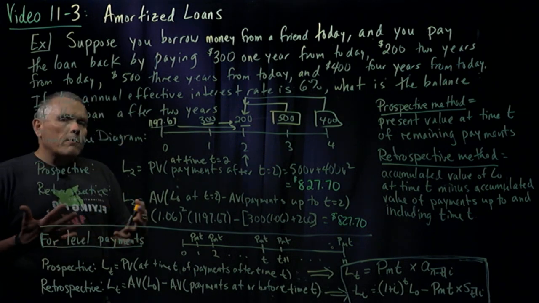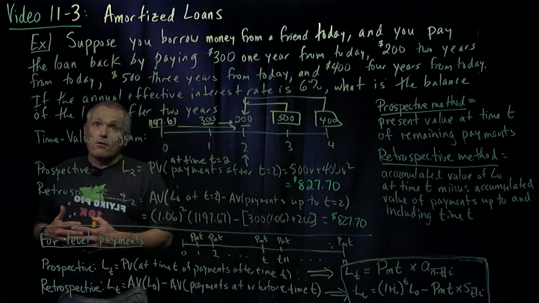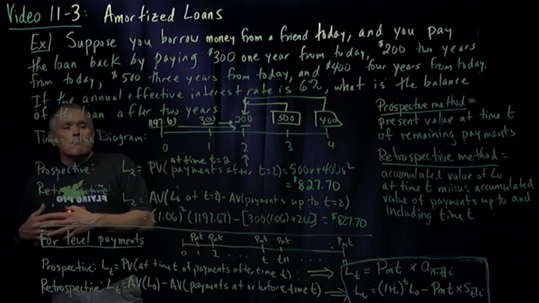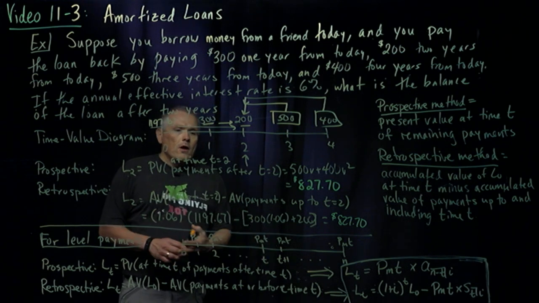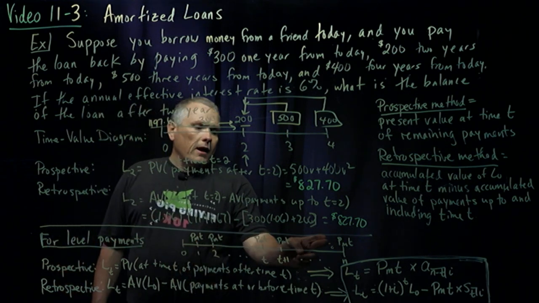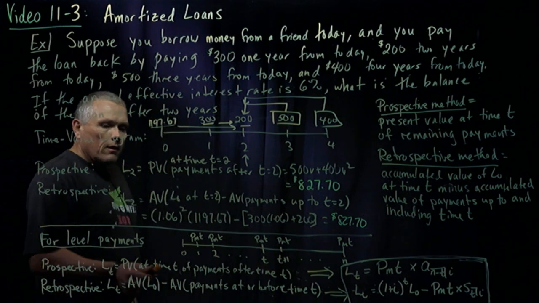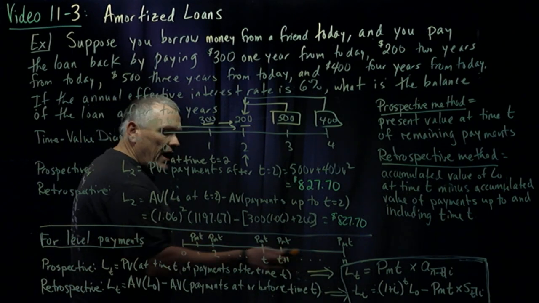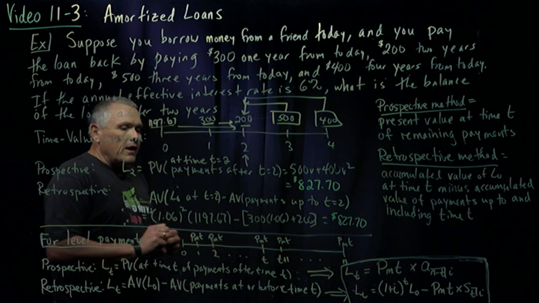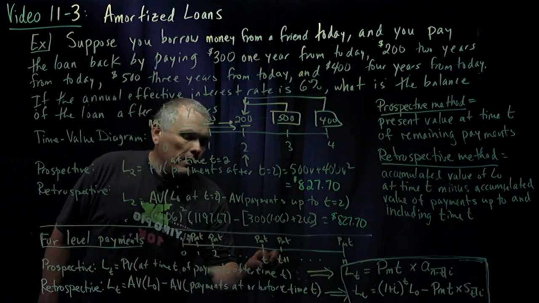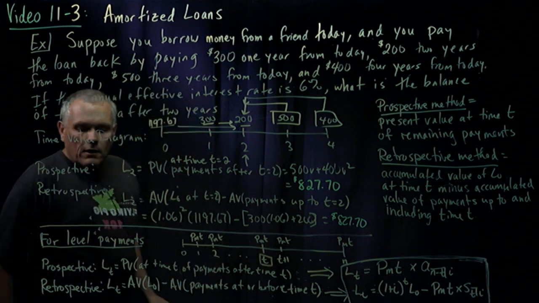Now, again, just like we mentioned in the first video in this series for Chapter 11, most of the loans that you come across are for level payments. So if we think about a time value diagram here for level payments, we have n level payments, all of the same value PMT, and we're interested in this loan value here at time t.